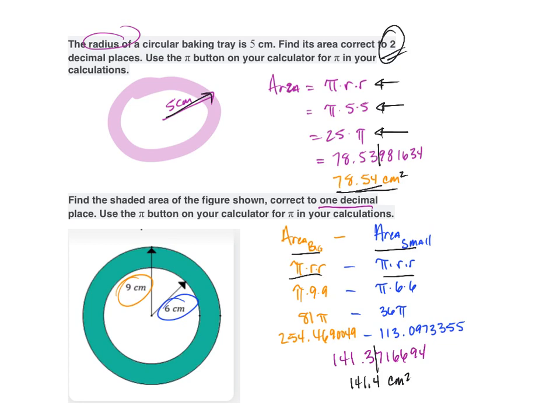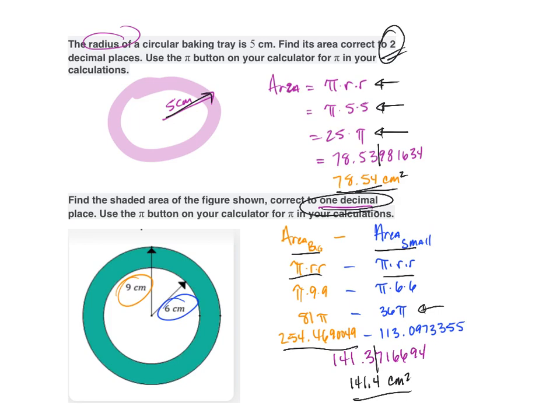So you would have wound up with 81 pi minus 36 pi, which gives you 254.469 minus 113.097, which would have given you 141.371669. They asked us to round to the nearest 1 decimal, so the nearest tenth. So that would give us 141.4 centimeters squared.